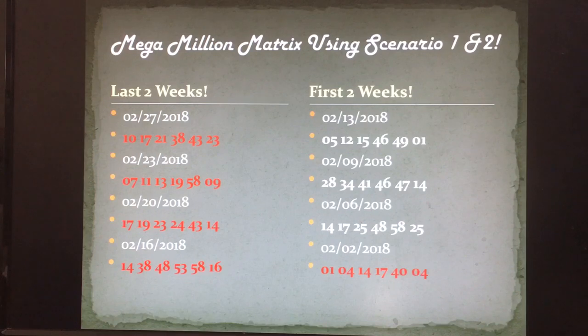And please do take a look at the draws from February, the total of 8 draws. And please do look at the red results, they are important in playing the role of using scenario 1 and scenario 2.